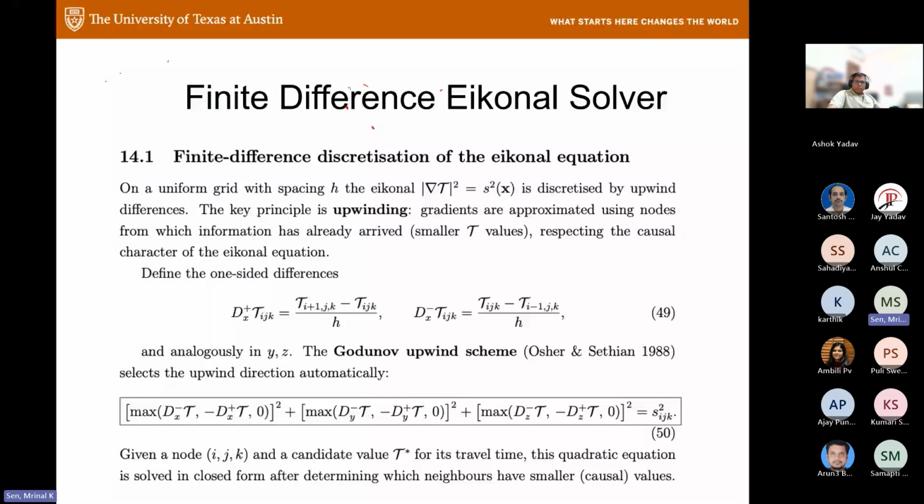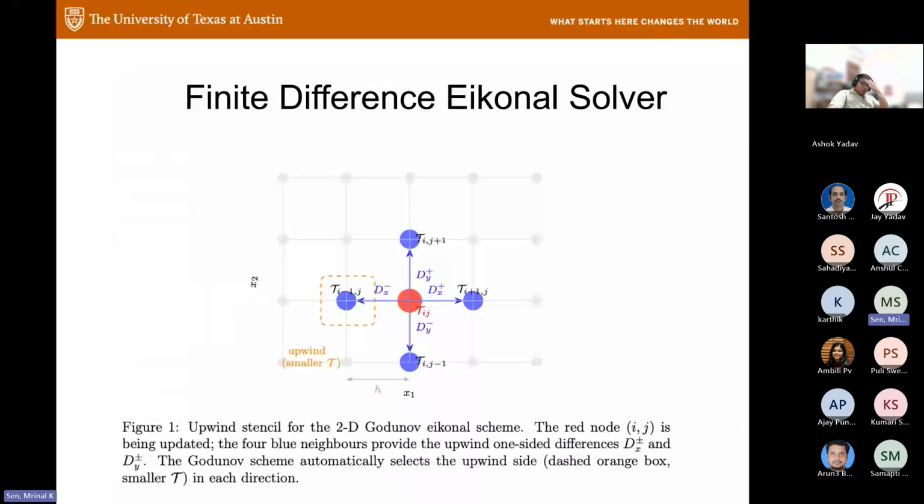So they compute this gradient by finite differencing. So this is your one-sided difference. This is the positive side, this is the negative side. And then you look at these gradients and you put them in the eikonal equation and then solve it for the time. So the way it works is this.